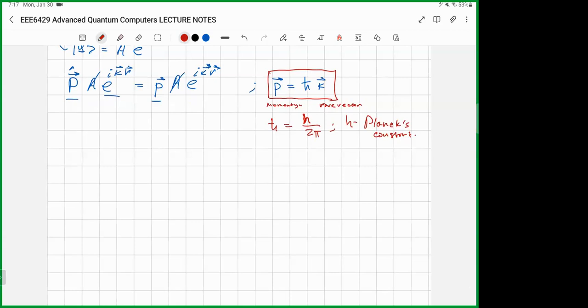Planck introduced this constant when he tried to explain the laws of thermal radiation, black body radiation.